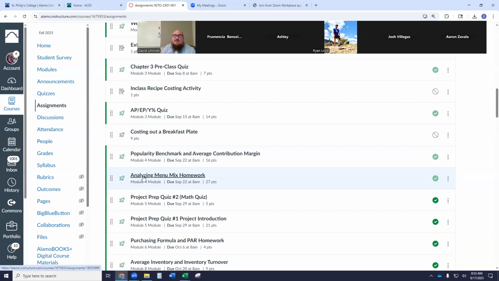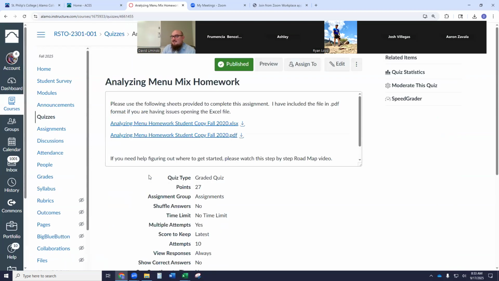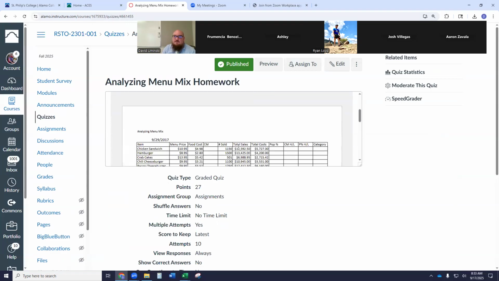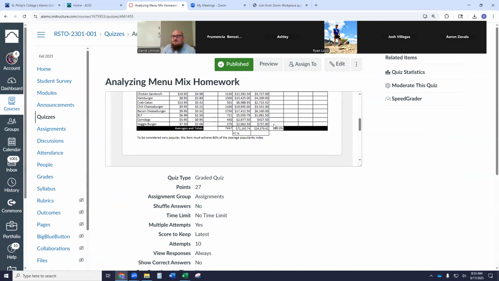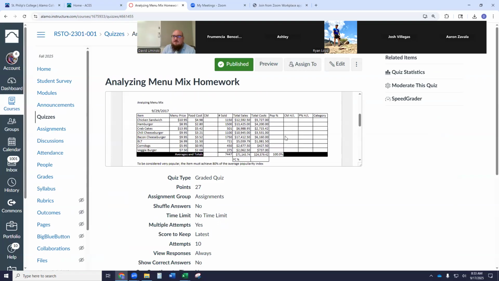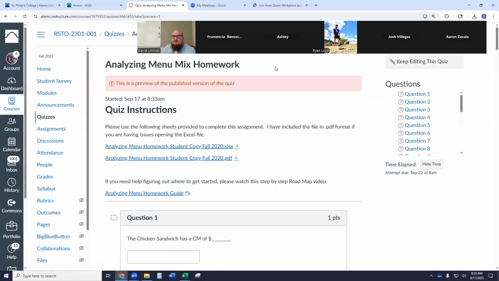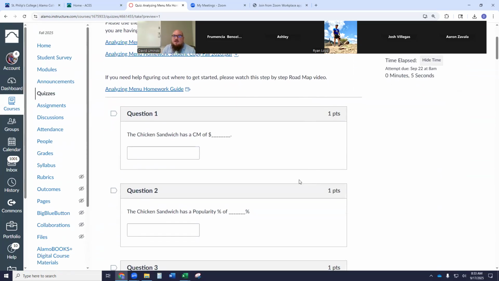This analyzing menu mix homework is essentially what we did in class today. Okay. So you'll have the Excel spreadsheet, and essentially you'll fill out this information. When you go to the homework assignment, you're basically going to type in the information it asks for.